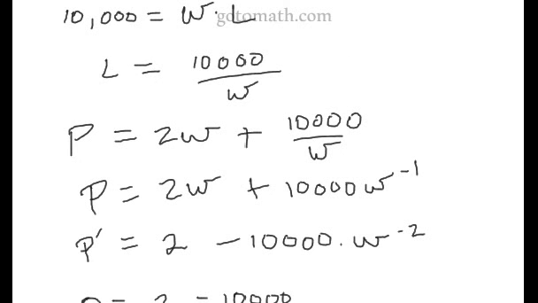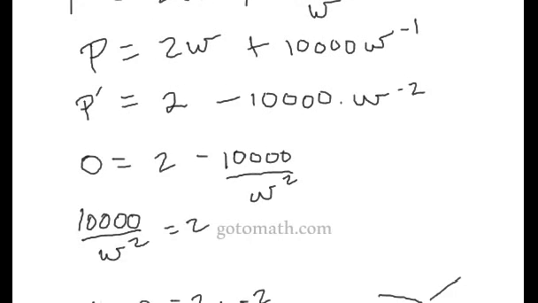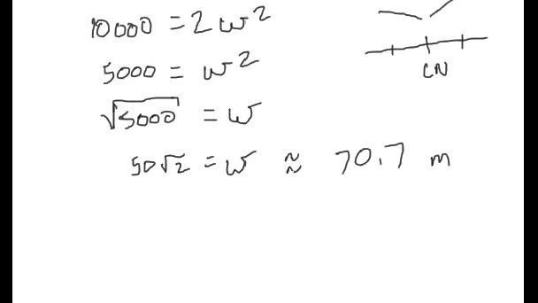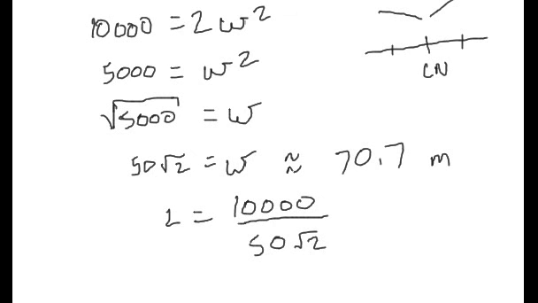L was equal to 10,000 over W. So let's actually try to remember that, right? So L is equal to 10,000 over W, and W is going to be 50 times the square root of 2. Okay, and we can break this down and simplify this, because 50 goes into 10,000 and so forth, but I'm just going to leave it like that.